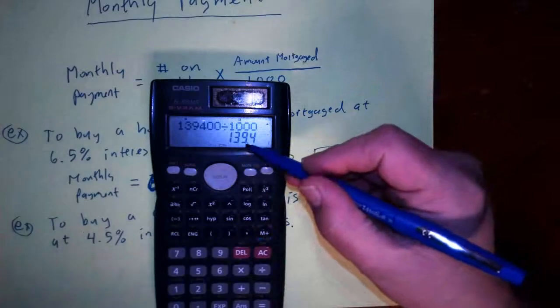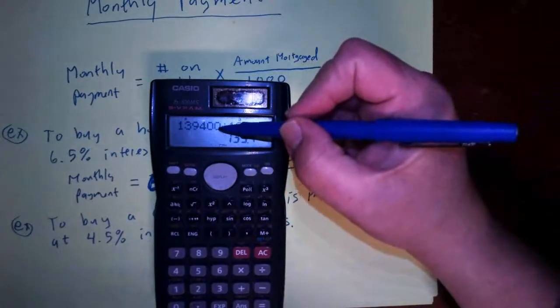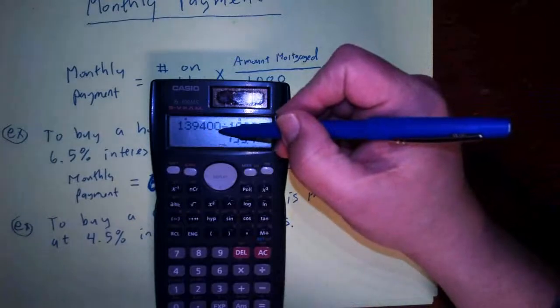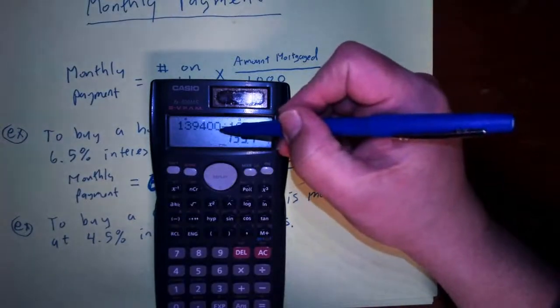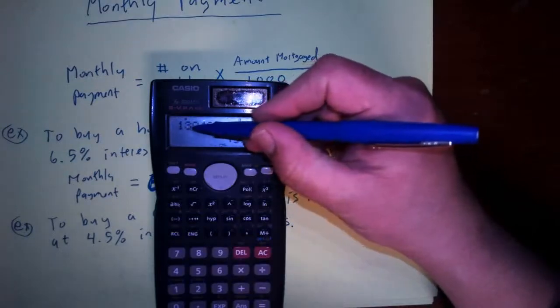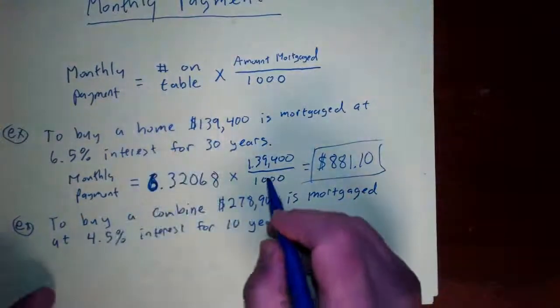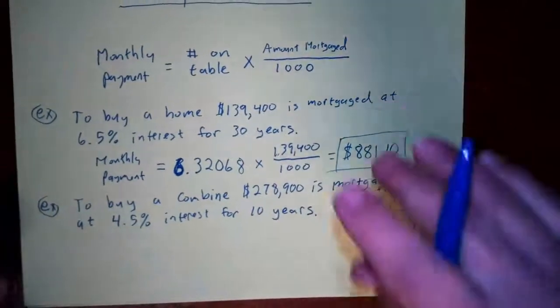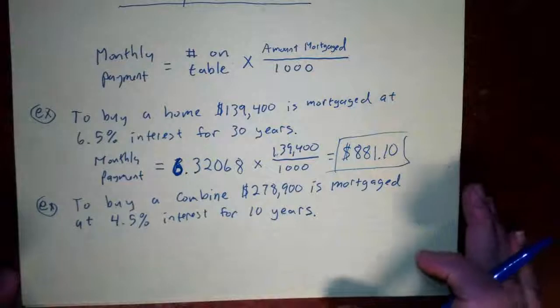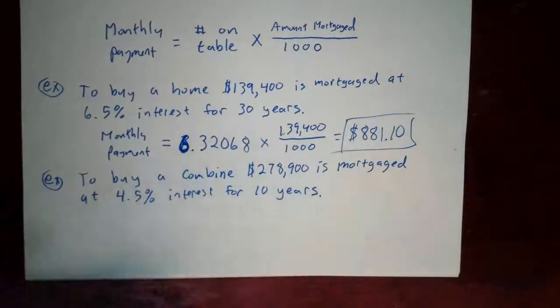So you see I get 139.4. Instead of dividing by 1,000 every time, I'm going to just move the decimal point over. So let's do it on this one here.